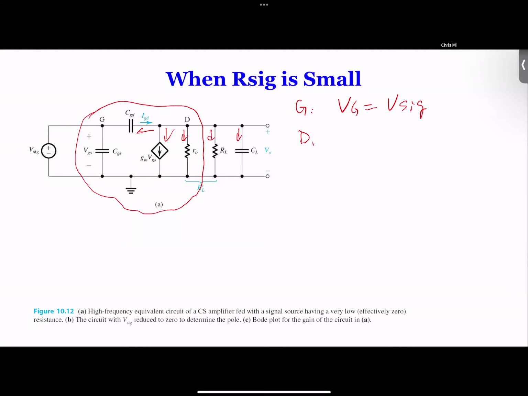On the CGD, we will have VO minus VG times SCGD, plus GM times VGS, plus VO divided by RO, plus VO divided by RL, and then plus VO times SCL, and all together it's 0.